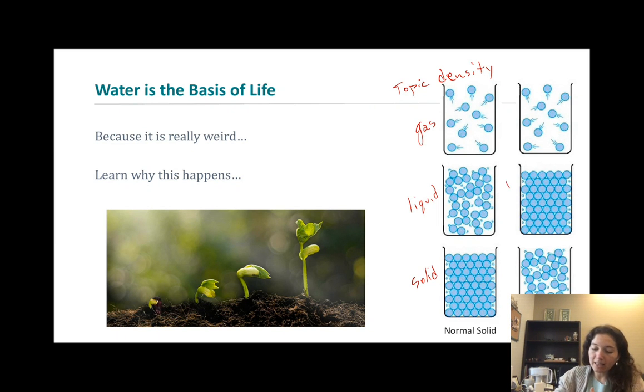So it's more dense as a liquid than it is as a solid. It's less dense as a solid. This is a very unique property that only water exhibits. Very few other molecules do this. And this is why things explode whenever they freeze, right? Like if you've ever put a closed water bottle in the freezer, it'll actually explode because ice expands when it freezes. Very few other molecules do this.